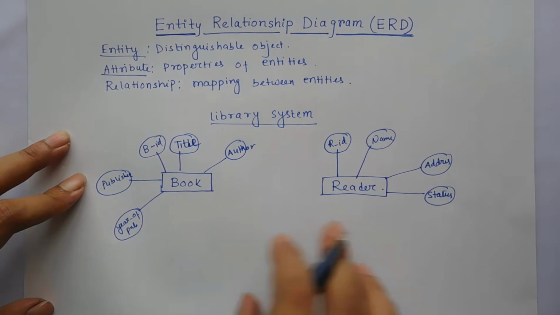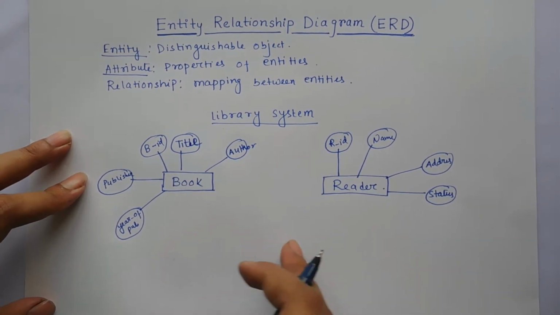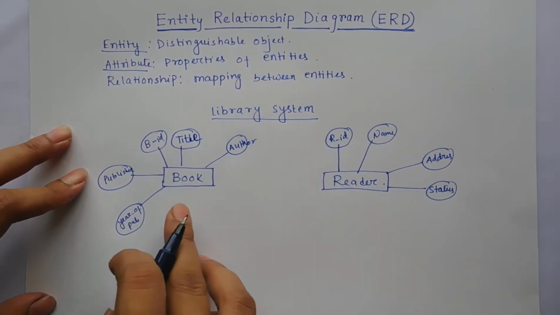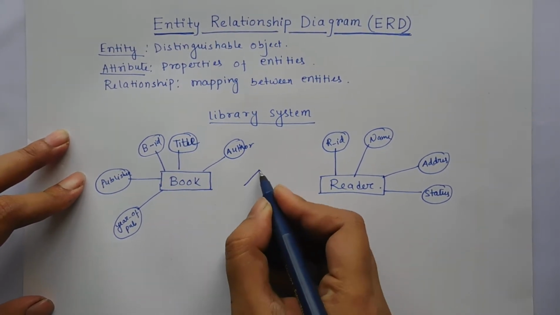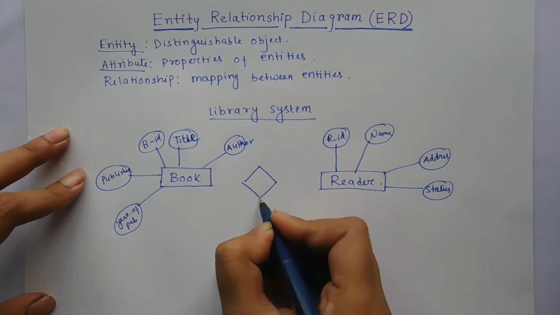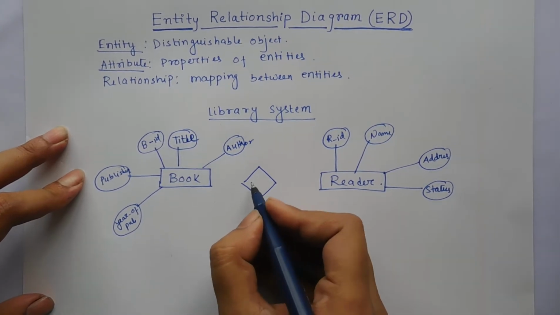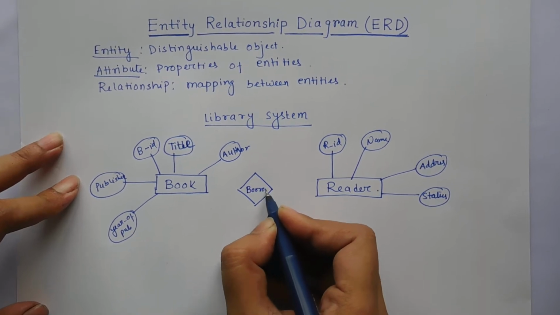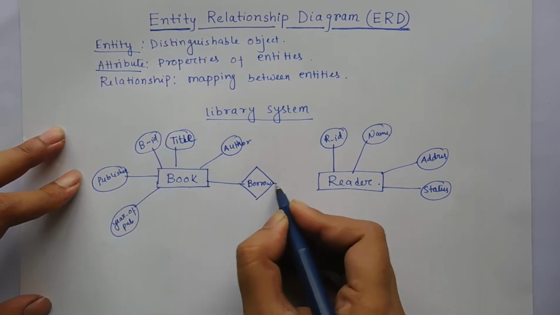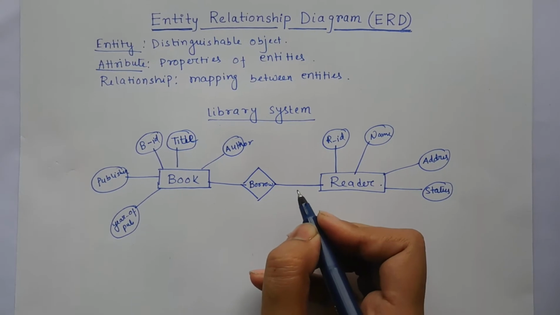Here the relation is reader can read books or borrow books. We represent the relation in a diamond. So reader can read or borrow books.